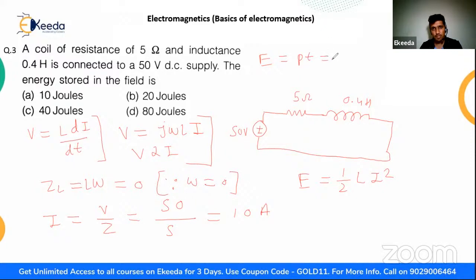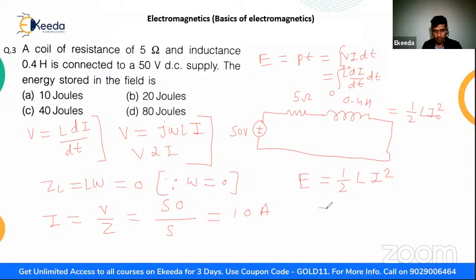You can say simply the integral of V i dt, where V is given by L di by dt. If you integrate this, dt cancels out, and the limits of I will be from 0 to I naught, or whatever the current is there. So the energy stored will be half Li square.